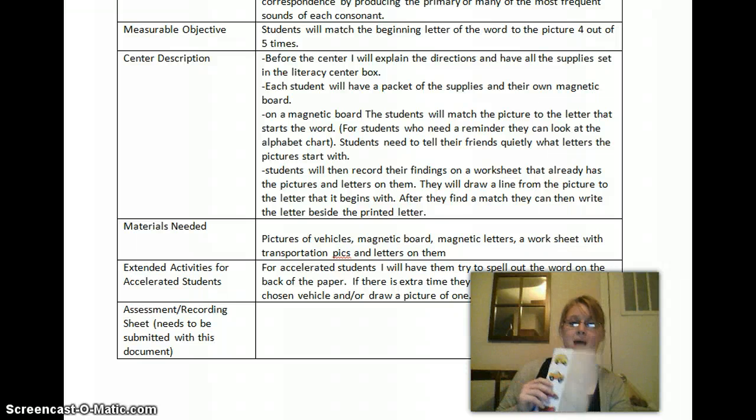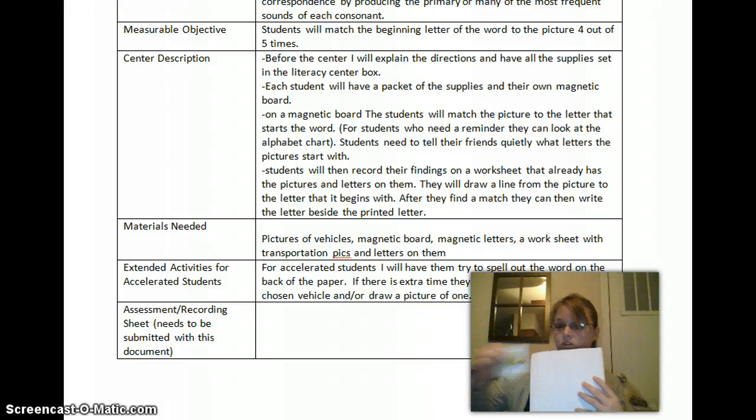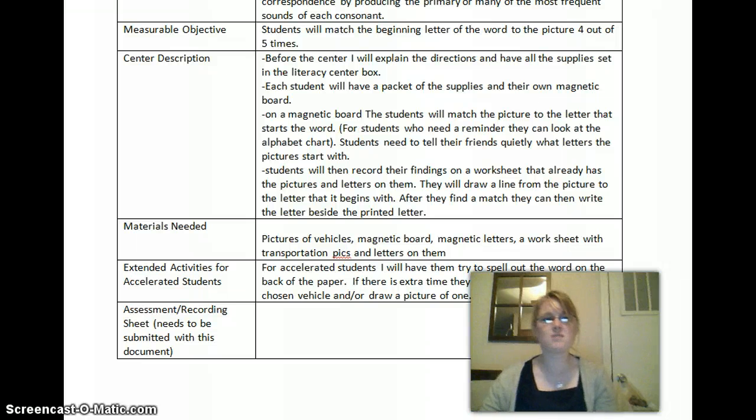Okay, on the back of the paper, when I'm all done with all my flashcards and everything, what do I do? That's right. I try to spell out the word. Bus, and you try to spell it out over here to the side. Good job, you guys are so smart.